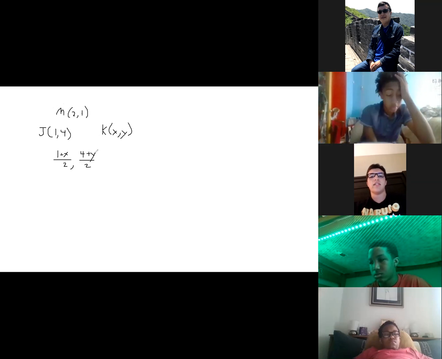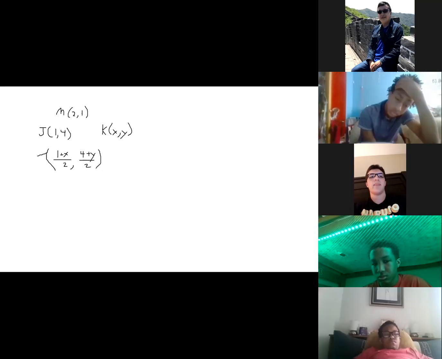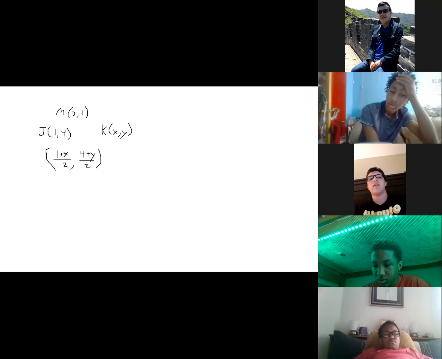But here's the thing. We do know the midpoint, so we know what each of these coordinates is equal to, so we could solve for X and Y. For example, 2 is the X coordinate of the midpoint, and that has to equal 1 plus X over 2.